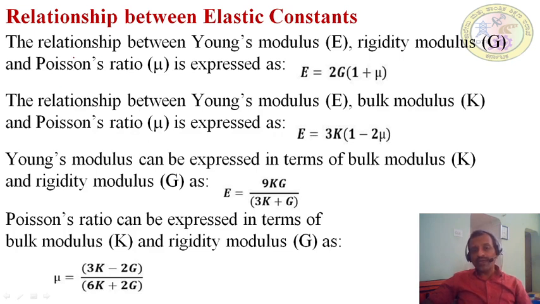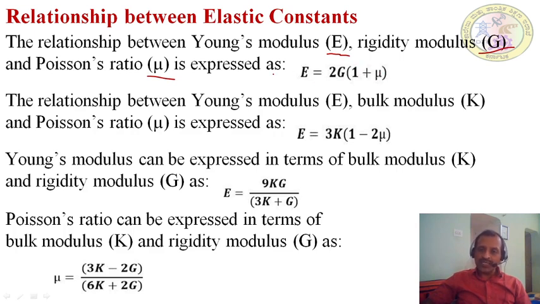Now we are writing the relations between these three elastic constants considering Poisson's ratio. The first relation, between Young's modulus E, rigidity modulus G and Poisson's ratio mu, is expressed as E is equal to 2G times bracket 1 plus mu.